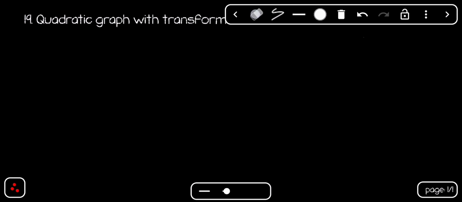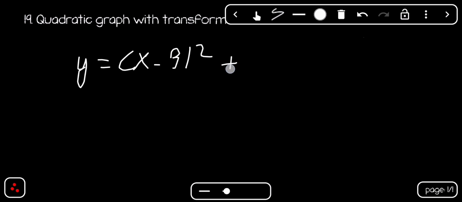Okay, now let's focus on the other part, y is equal to (x minus 3) whole squared plus 5. Outside of the parentheses we have plus 5. Outside of the parentheses is the shift along the y-axis. So the graph will shift 5 units upward.